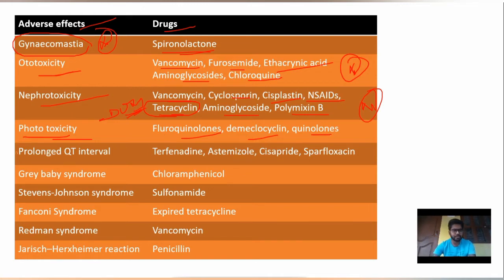Then drugs that produce prolonged QT interval are also very important: terfenadine, astemizole, cisapride, sparfloxacin. Then the next important adverse drug reactions: Gray baby syndrome is produced by chloramphenicol, Stevens-Johnson syndrome by sulfonamide, Fanconi syndrome by expired tetracycline, Redman syndrome by vancomycin, and Jarisch-Herxheimer reaction by penicillin. These are also important.